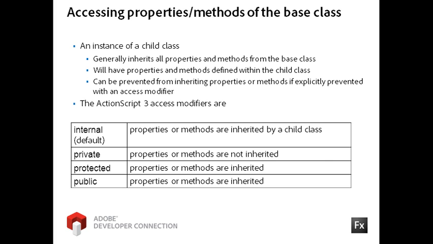I will discuss these modifiers in more detail later in this video, but for now, note that, by default, all properties and methods are set to internal, which means that child class instances do inherit the parent class members. Properties and methods that are set to protected and public are also inherited, while those set to private are not.